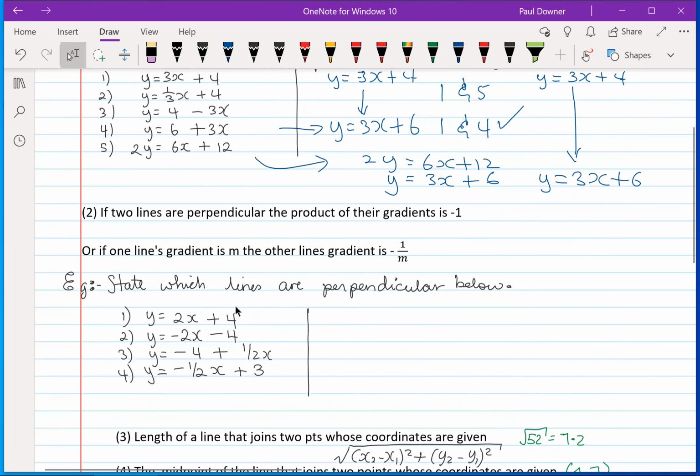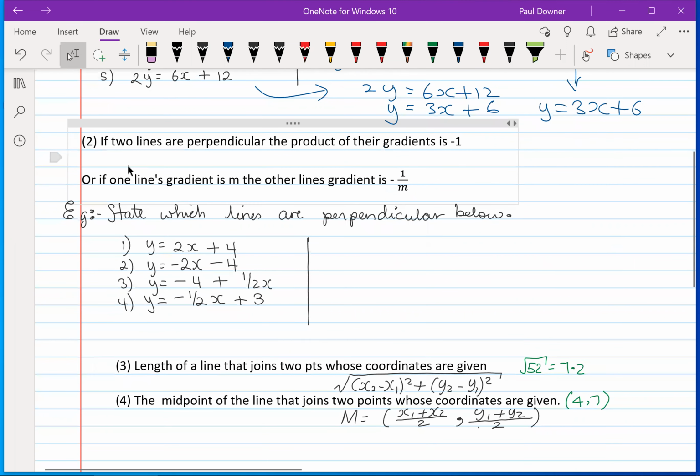The next thing I want you to be aware of, another property you need to be familiar with, is that if two lines are perpendicular, the product of their gradients is -1. Now, let's see what that means. Or if one line's gradient is m, the other line's gradient is -1 over m. If these things occur, then we say that the lines are perpendicular.